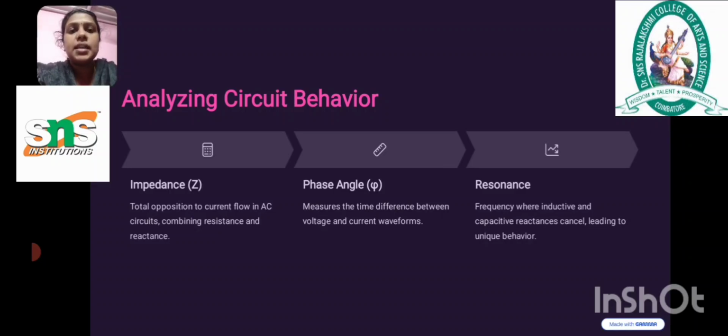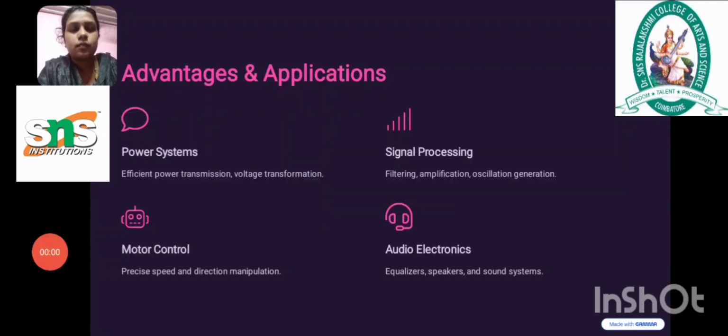So Z is the impedance, and then the phase angle psi measures the time difference between voltage and current waveforms. And then resonance is the state at a frequency where the inductive and capacitive reactance cancel, leading to unique behaviors.